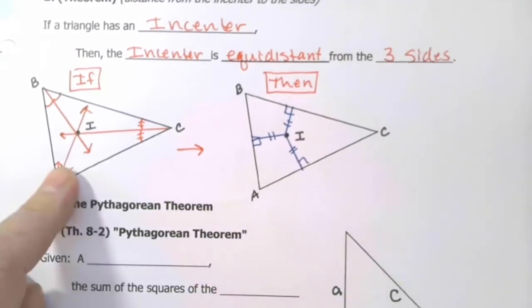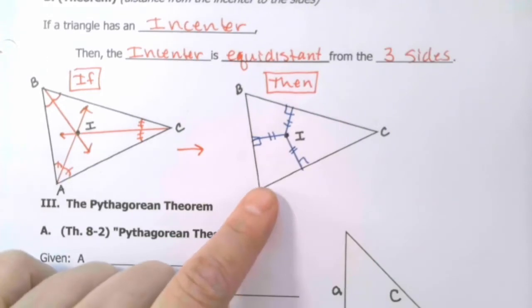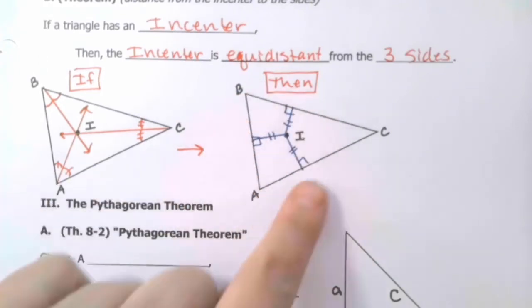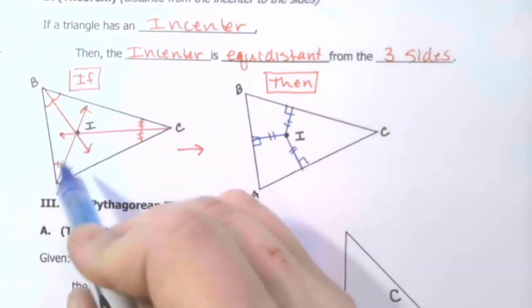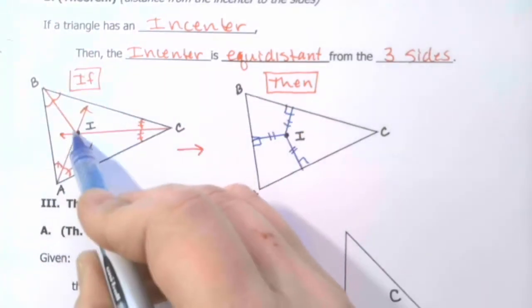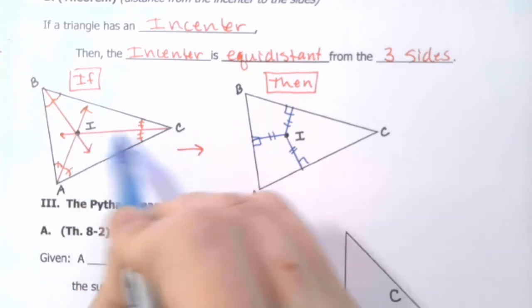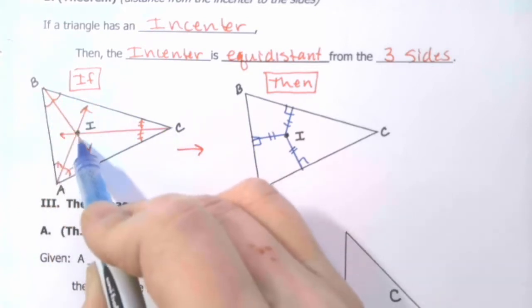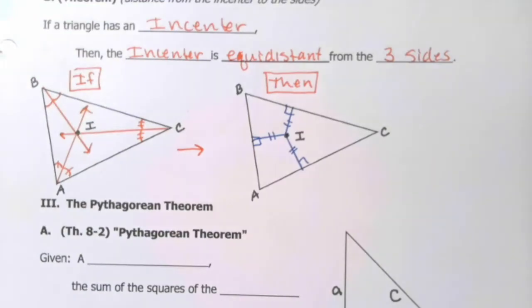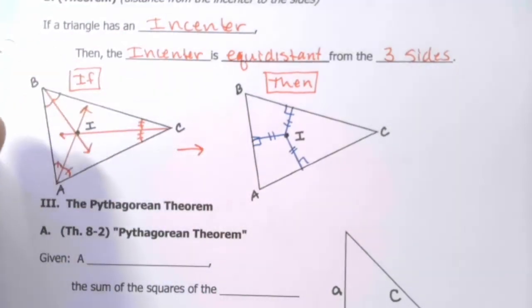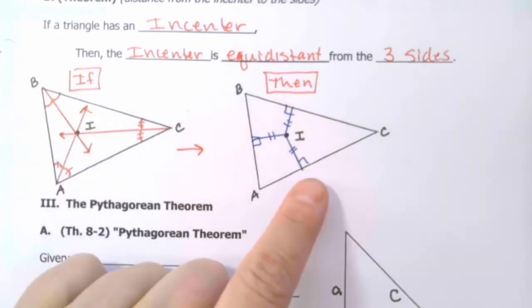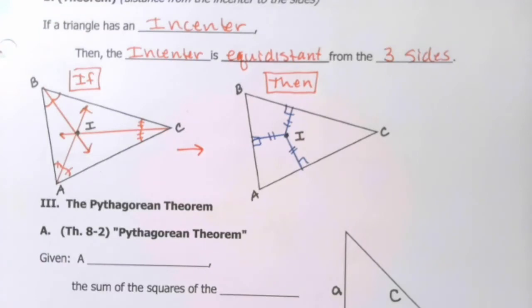So angle bisectors create an incenter, but the incenter is equidistant to the sides. And of course, we mean perpendicular distance. As you'll notice here, the distance from the angle to the incenter is different. I to C is really long, B to I is medium, and I to A is small. So the constructions that create the incenter are not equidistant. It's the distance to the sides that are equidistant.